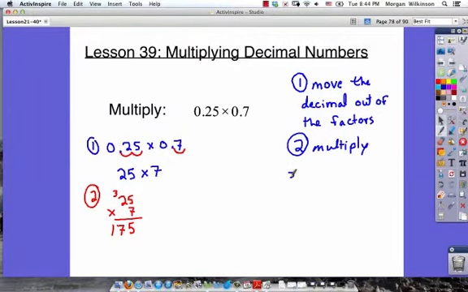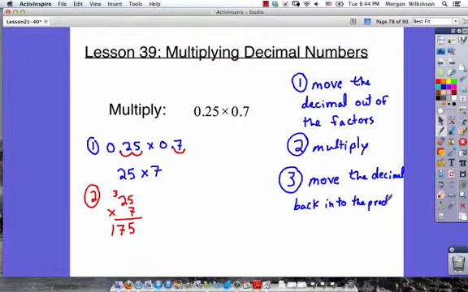So step 3. Step 3 is to move the decimal back in to the product. Now remember, the product is the answer to our multiplication problem.